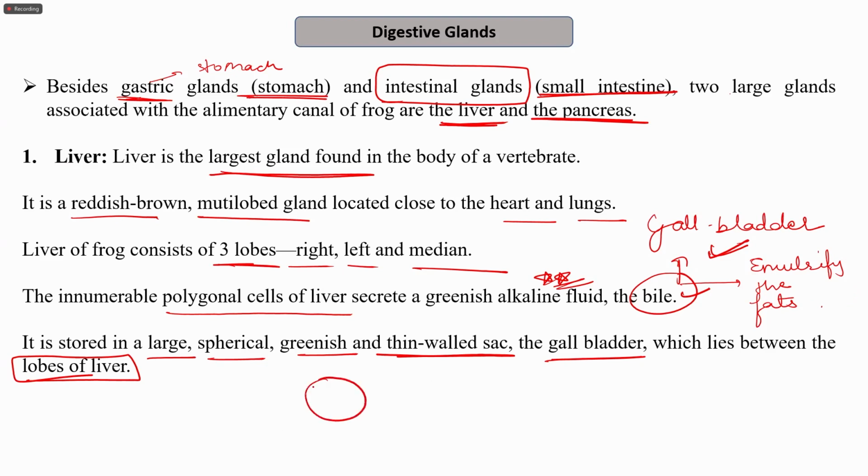So the larger units of fats are emulsified, and upon emulsification, smaller fat units are formed upon the action of bile. Bile is not breaking down the fats into smaller components, but it is reducing the size.